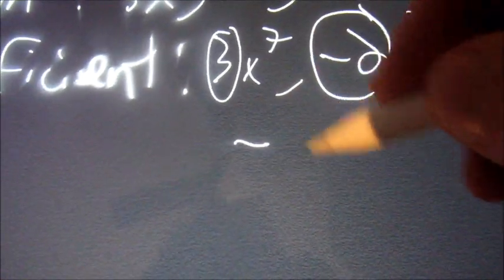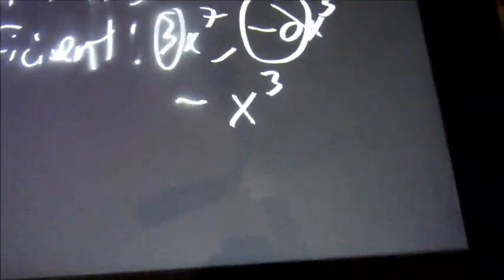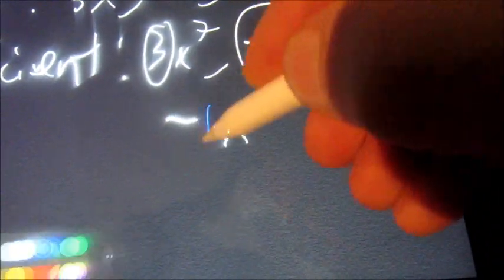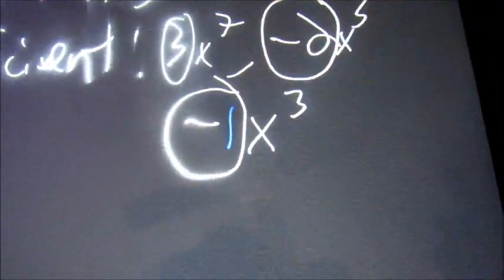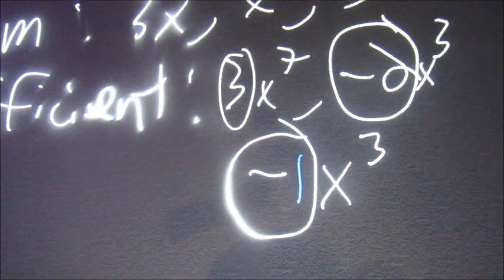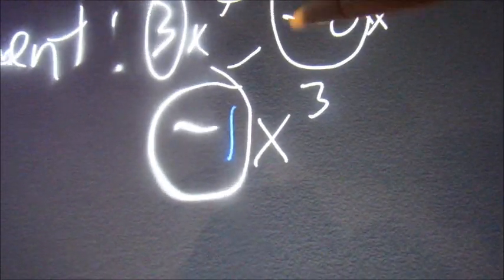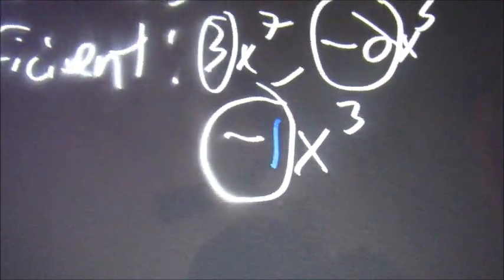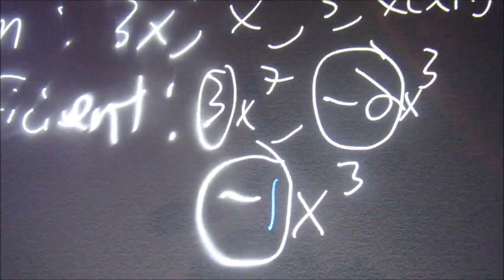Also, if we have negative x to the 3, the coefficient here is going to be negative 1. If there's no number in front of the variable, then the coefficient is 1. If, though, there is a negative, the negative part is part of the coefficient.